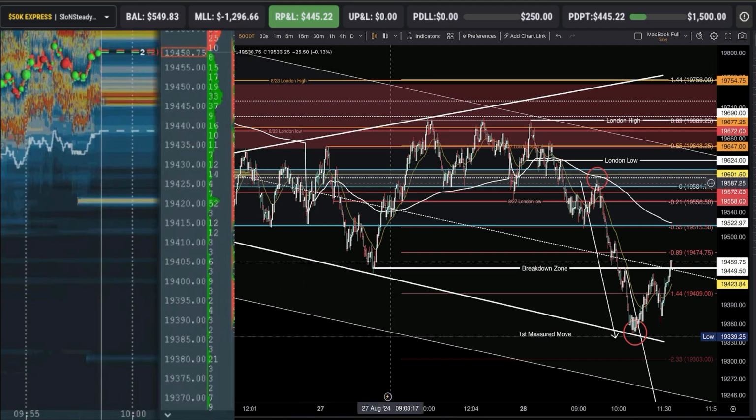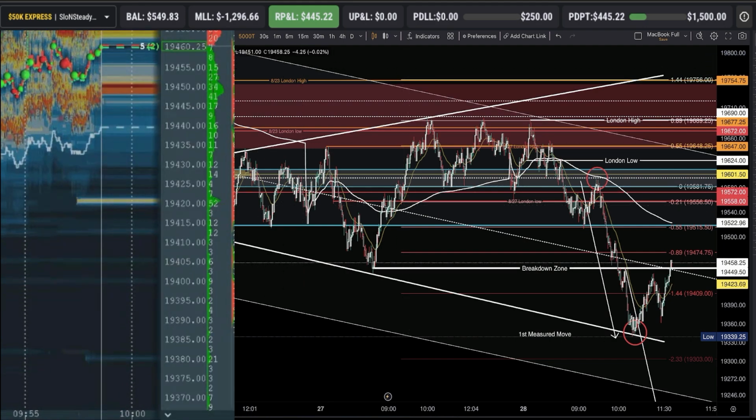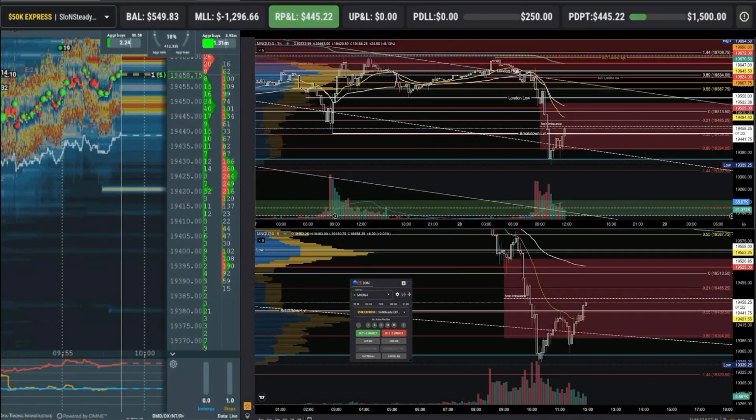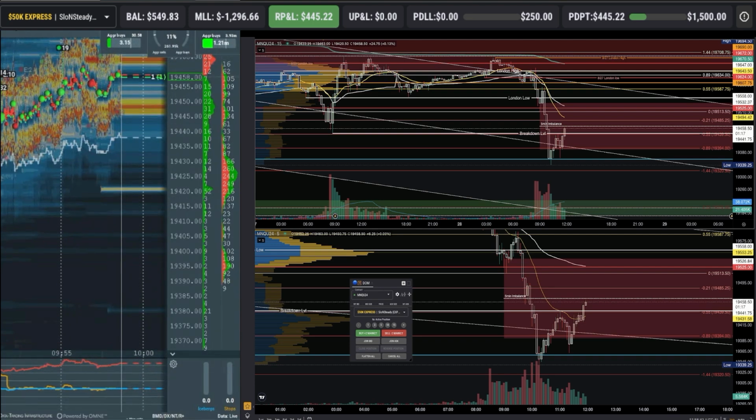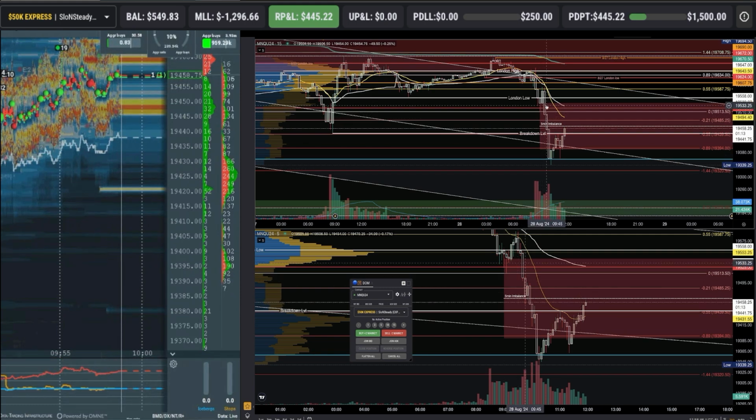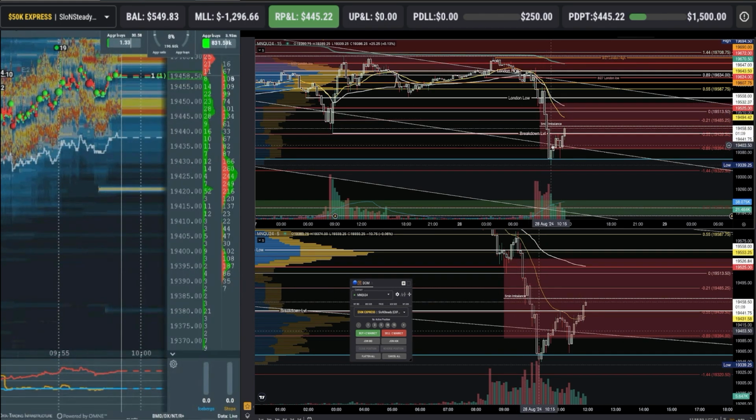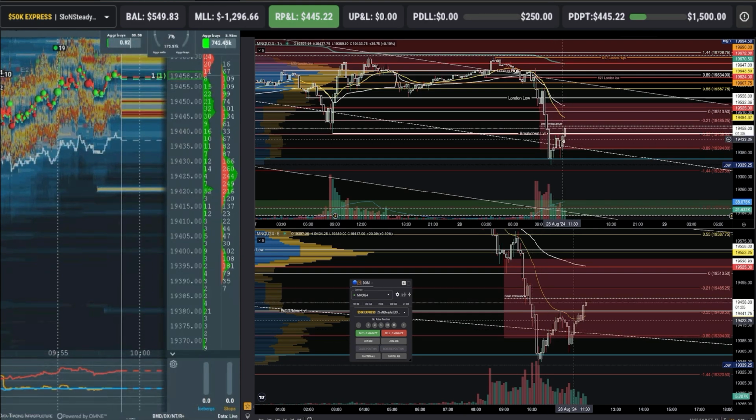So let's take a look at our top down 5-minute and 15-minute. You see here from the previous sell in the morning, nothing but red candles, nothing but red candles on the 15-minute up here at the top side of this view, all the way until our first green candle where I finished the imbalance. So we are now about to test that imbalance.